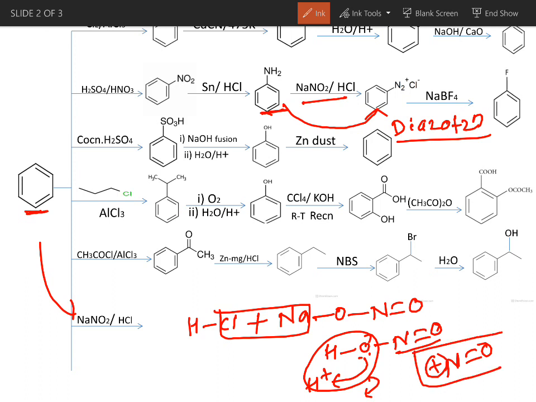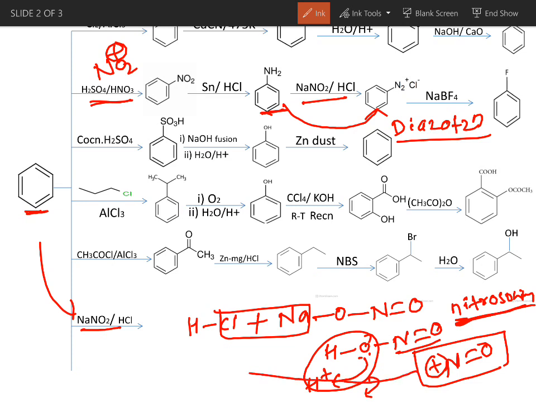This is an electrophile known as nitrosonium ion. Remember, when a nitrating mixture is reacted, it forms NO2 plus, which is called nitronium ion, and with NaNO2 and HCl it will form an electrophile which is called nitrosonium ion.